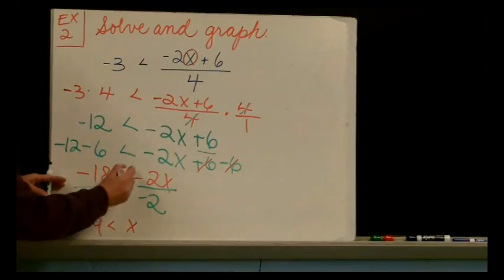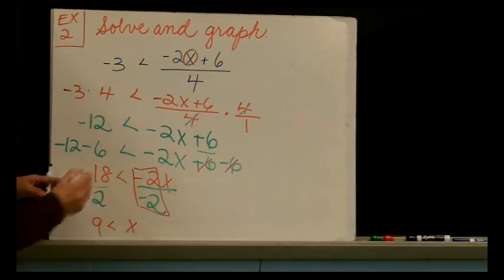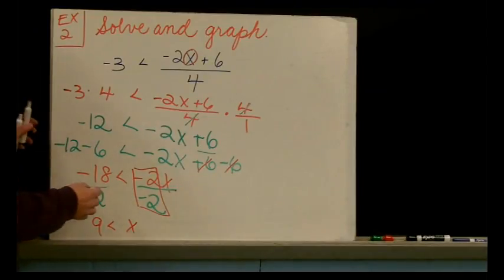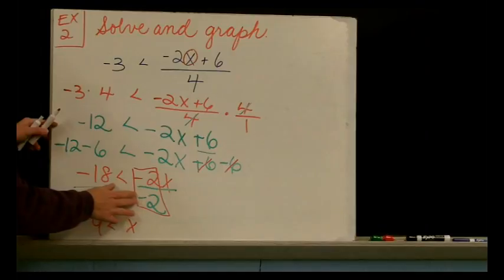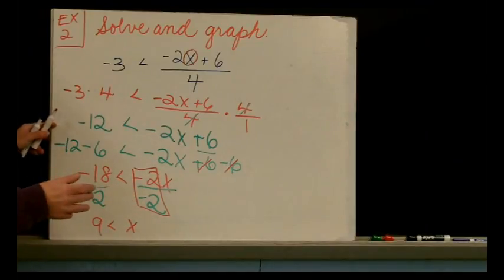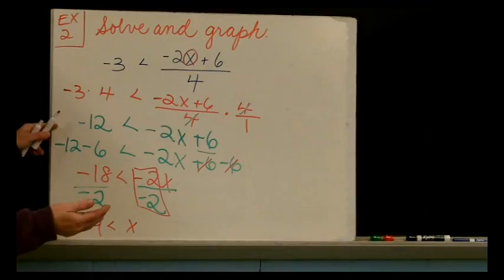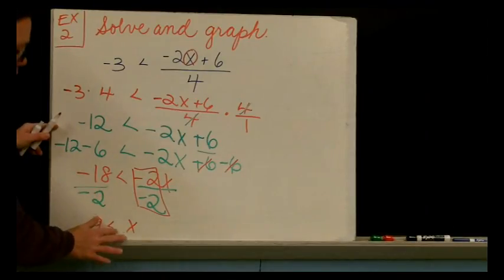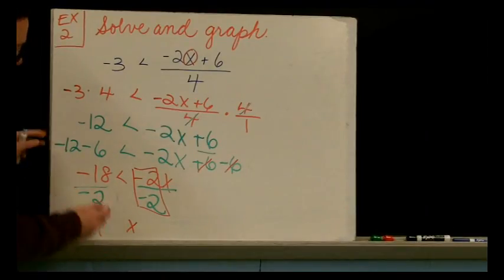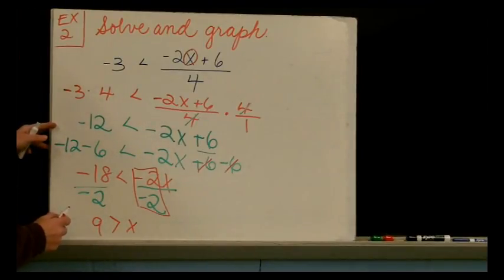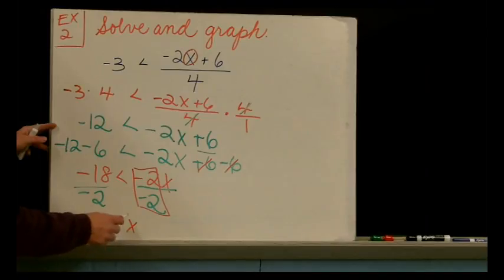However, if you remember from the last lesson, what we learned was when you have to multiply or divide the variable term by a negative number in order to isolate that variable, we have to reverse the inequality symbol. So instead of being 9 is less than x, we have 9 is greater than x.